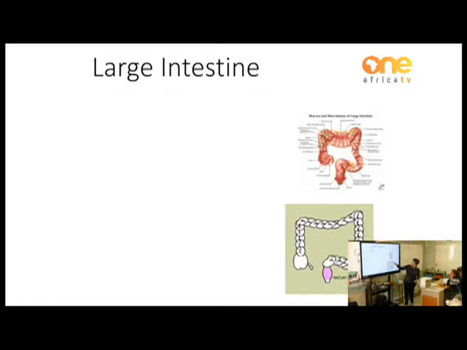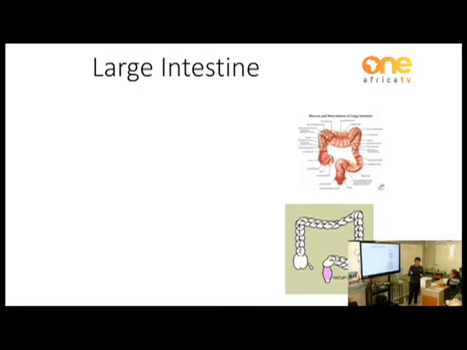And the colon is a long time for the solids to pass. And the reason is the absorption of water is taking place here. So it tries to get all the water that is left in this undigested food to use it for your body and not release it with the feces.